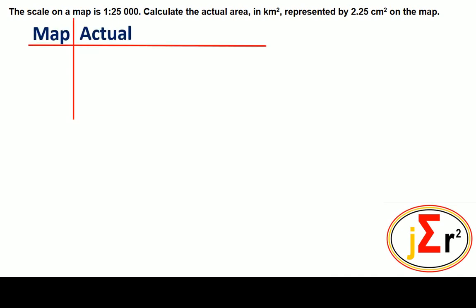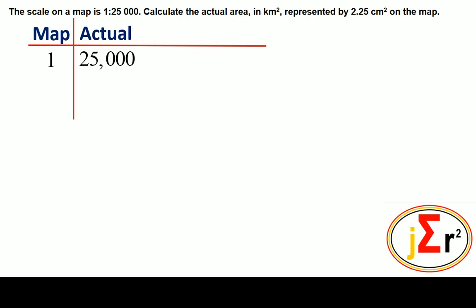We have decided to express the scale of the map in tabular form. The value designated to the map is 1 and the actual value is 25,000. We have a scale of 1 to 25,000.